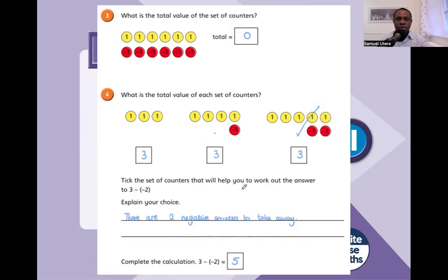So the calculation that will make that possible will be this one. So imagine we had 3 counters before, but they ask us to subtract 2 negative counters. We're going to have to use 2 0 pairs, so that we have 2 negative counters that we can subtract, which will give us this calculation here. So our result will be 5. And you can see if we do that, our result will be 5.